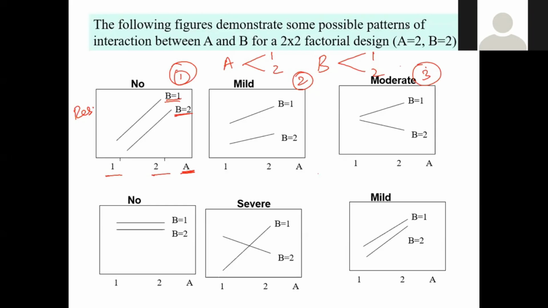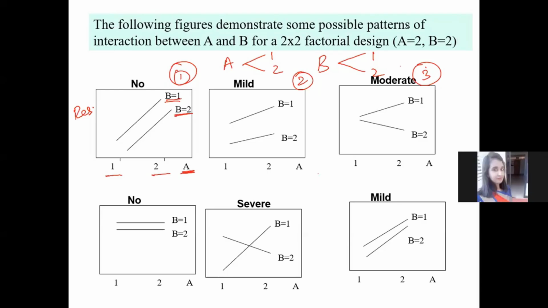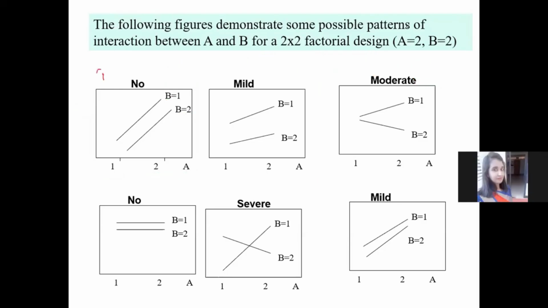Now, just tell me, in case 1, how about factor A, factor B, and the AB interaction? What do you think about A and B?